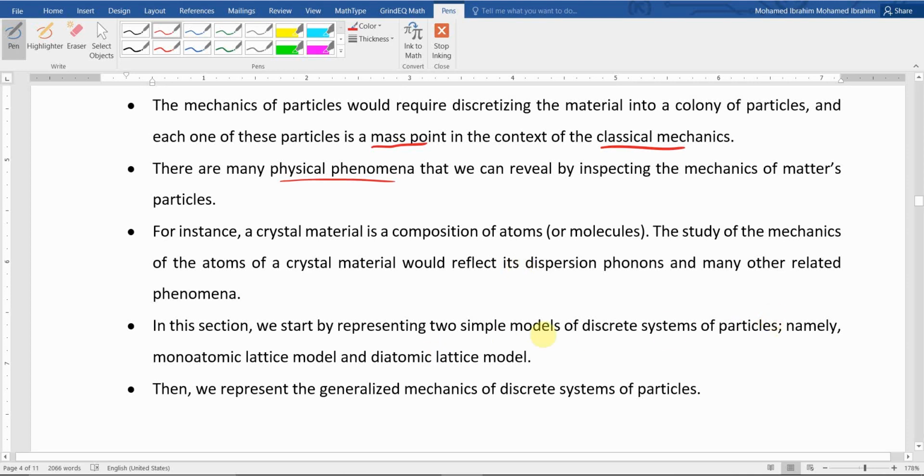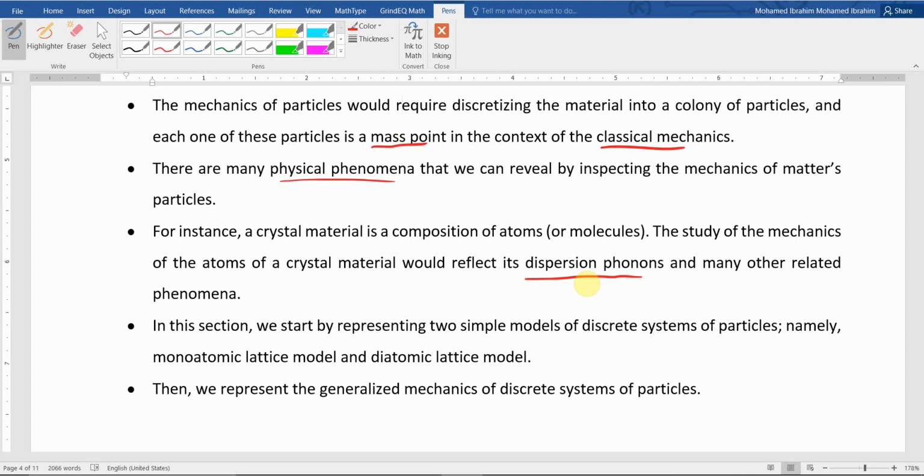For example, and this is what the physicists are already interested in, the dispersion of phonons in materials. These dispersion phonons are used a lot in physics, and we're going to discuss these phonons quickly through this part.